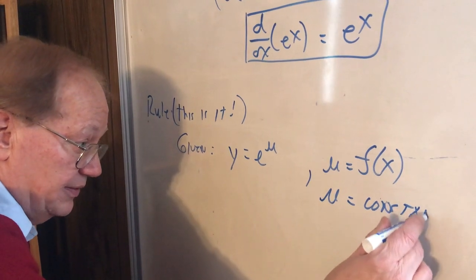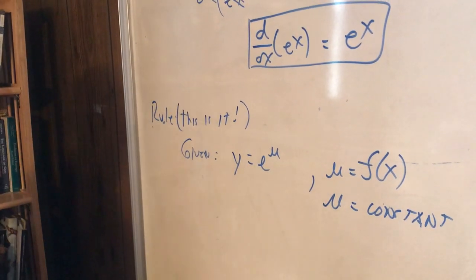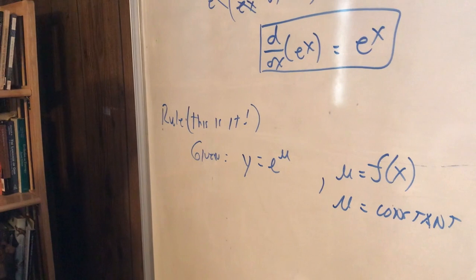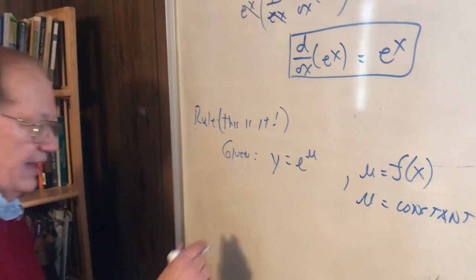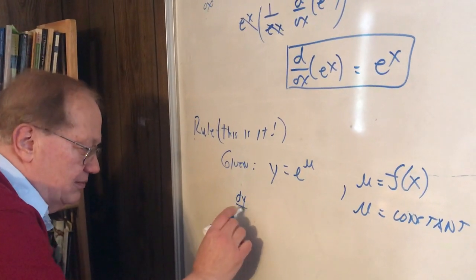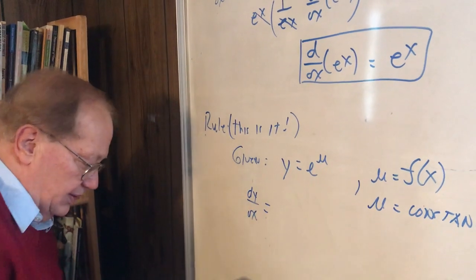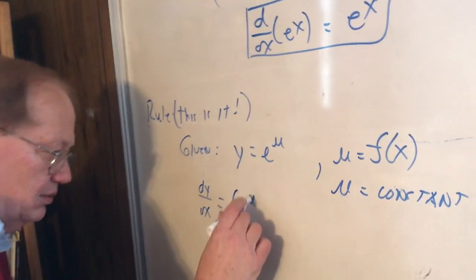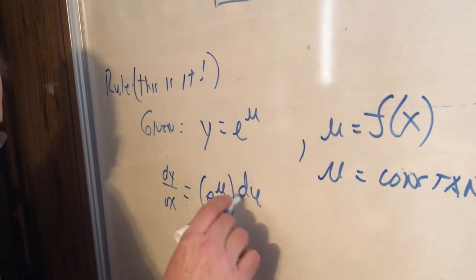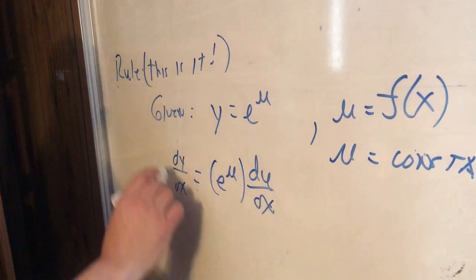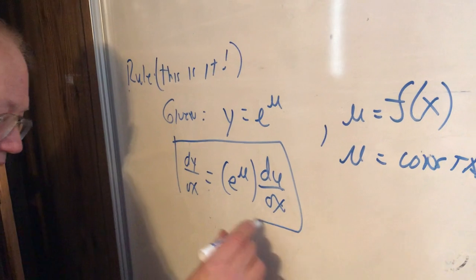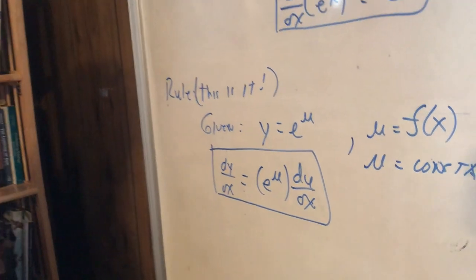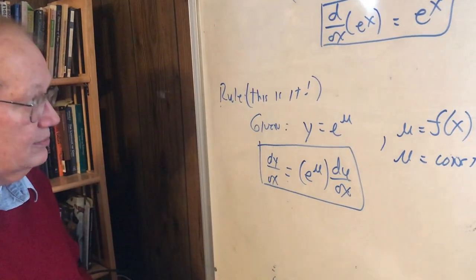Well, then that's 0, right? All right, so then dy dx is going to equal e to the u du dx. And this is your formula for any u that could be in the exponent or the power.